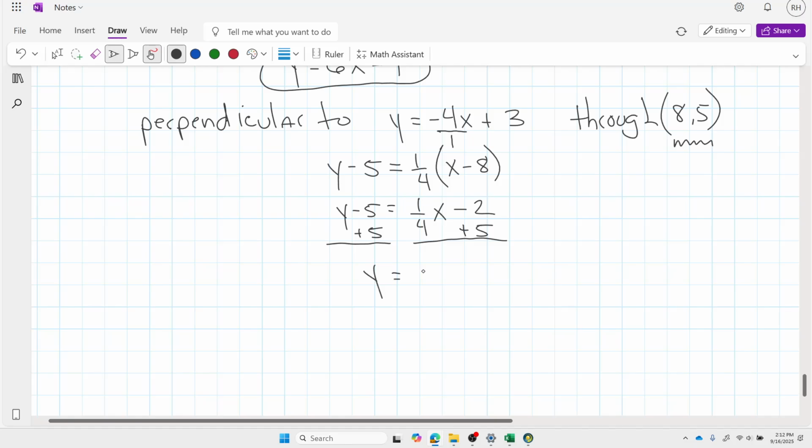And y is equal to 1/4 x plus 3. 1/4 times x is 1/4 x, and 1/4 times negative 8 would be negative 2. Any questions?